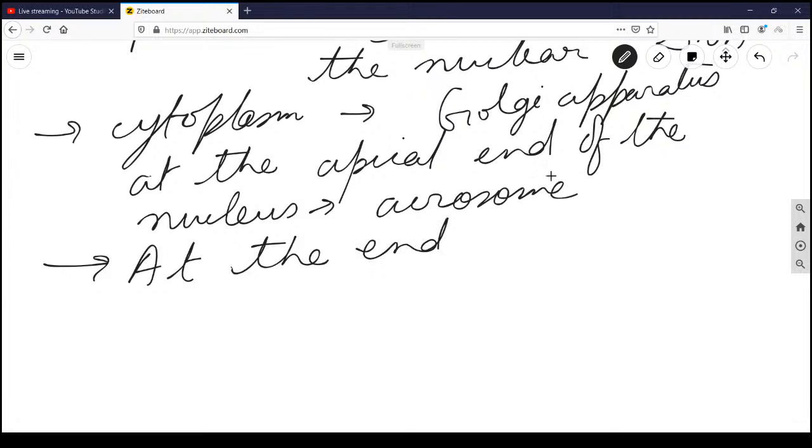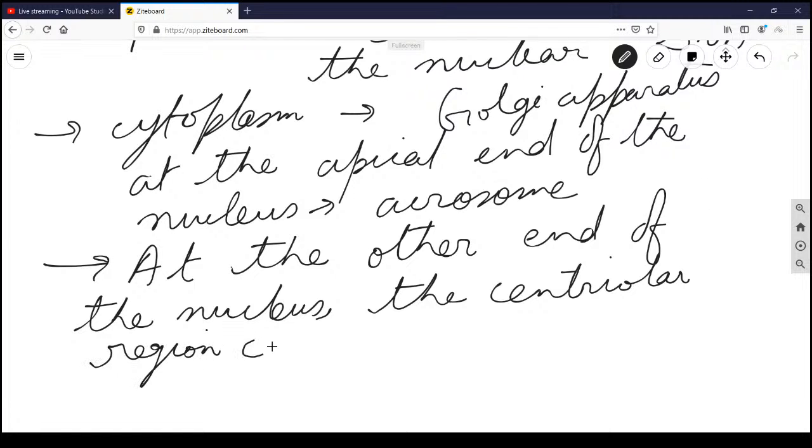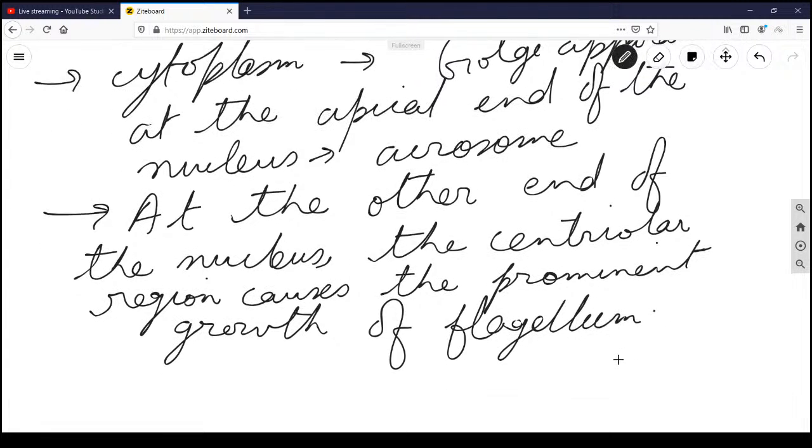So at the other end of the nucleus, we have a prominent growth of flagellum from the centriolar region.